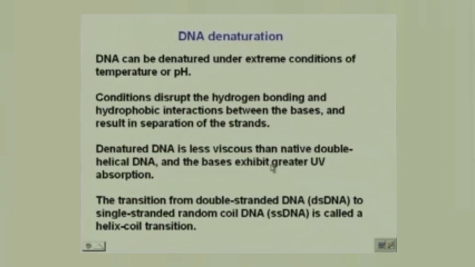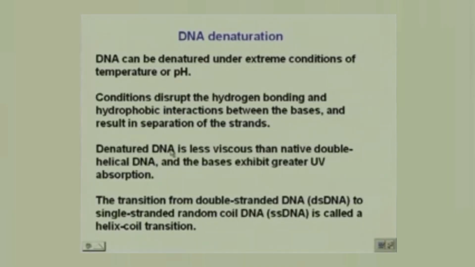Okay. Now, how can DNA be denatured? DNA can be denatured under extreme conditions of temperature or pH. We want to disrupt any of the interactions that are responsible for stabilizing DNA, as simple as that. So, we want to disrupt either the hydrogen bonding or the hydrophobic interactions or the stacking interactions, whatever intercalations, just to separate the strands.